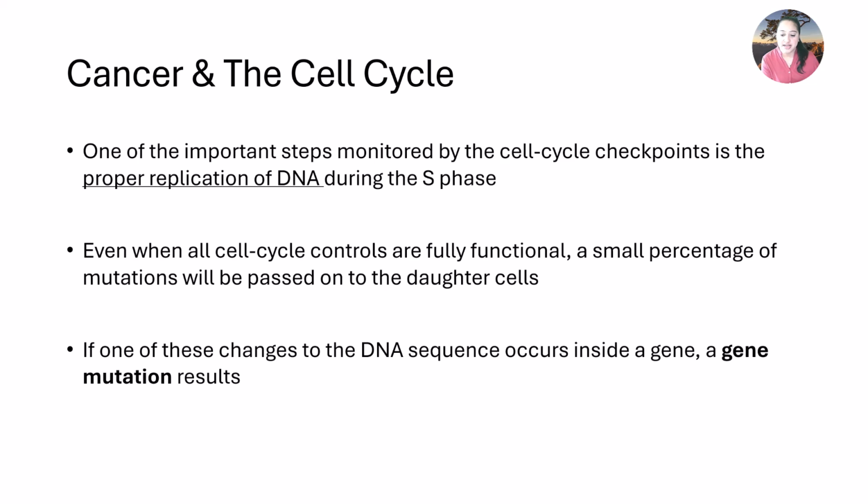It's kind of a downhill snowball effect: now this thing that was supposed to limit and double check everything is not working. So now those cells are going to keep replicating and keeping on that mistake.